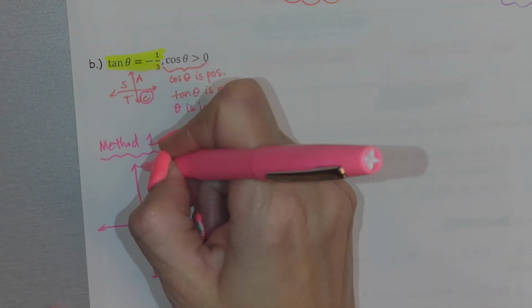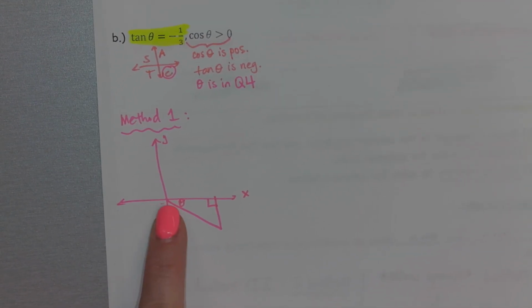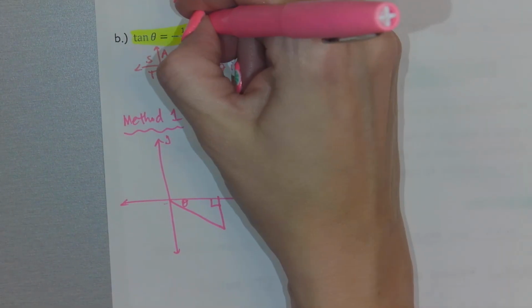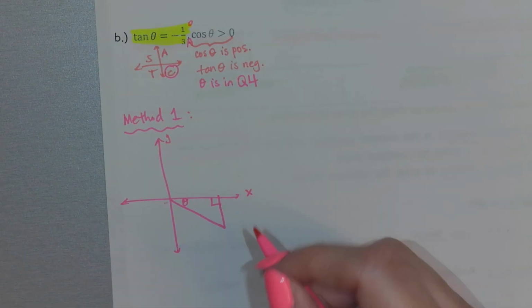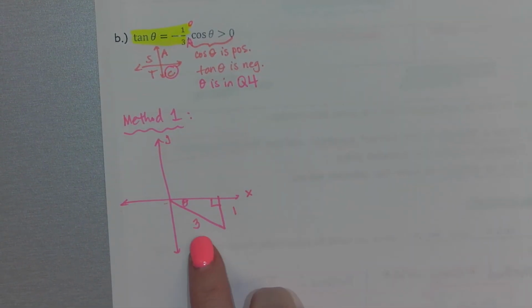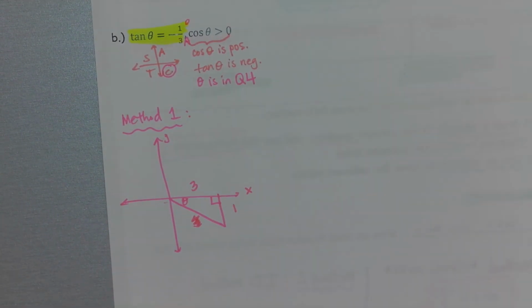Remember, this is your x-axis, this is your y, and it's going to follow those rules. Okay, your theta is always here at the origin. And if you have -1/3, remember, that's your opposite over adjacent. So the opposite is 1/3. Hypotenuse is always positive. Oh, sorry, this is opposite over adjacent. It is still going to be positive.